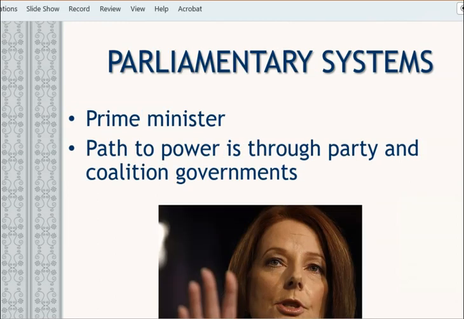So in the parliamentary system, this is usually known as a dual system, we have a prime minister. Unlike in our system where we vote through the electoral college for our president, theirs is done differently. The best way I could describe it is to use our Congress. If whoever was in control of the Senate, either the Democrats or Republicans, Democrats being the liberals and Republicans being the conservatives, if one party controlled the Senate, then the person who would become the prime minister would be from the majority party in the Senate.